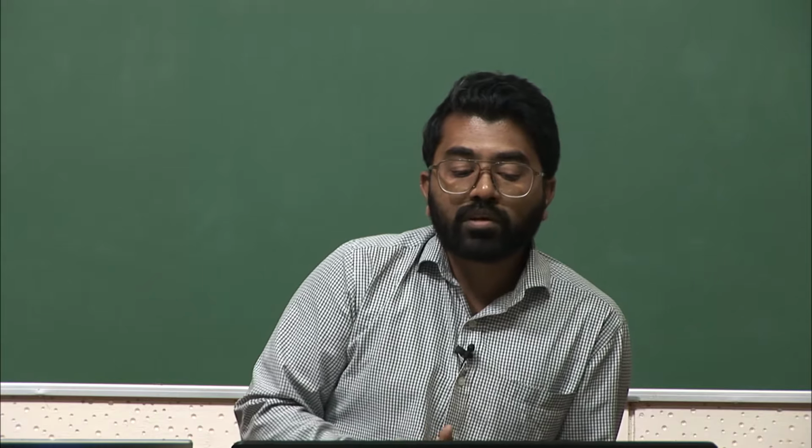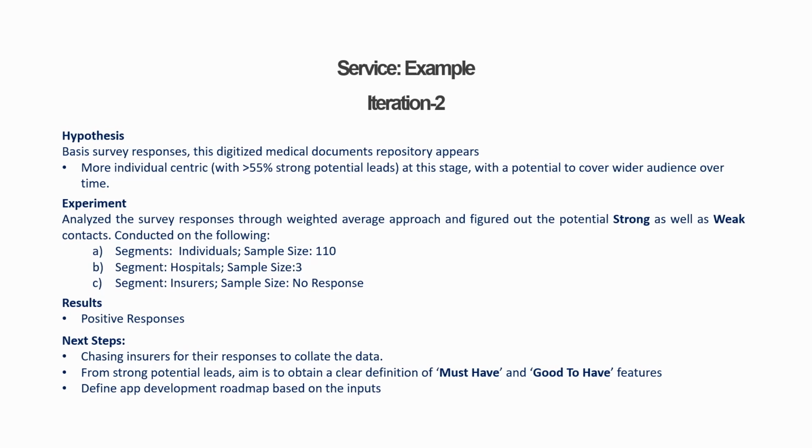This is backed by 55% strong potential leads, more than that at this stage, with a potential to cover a wider audience over time. If they take more and bigger surveys, maybe this 55% may go up to 60, 65 or even more, right.